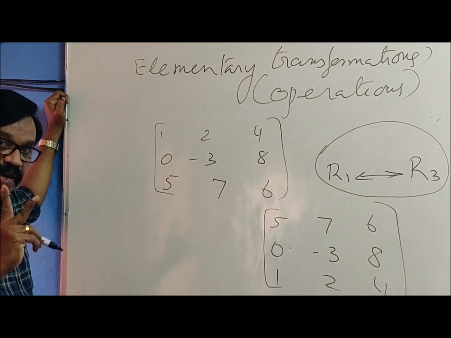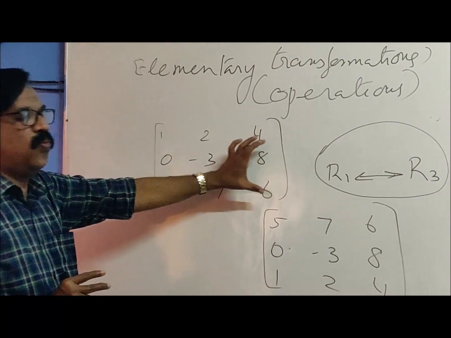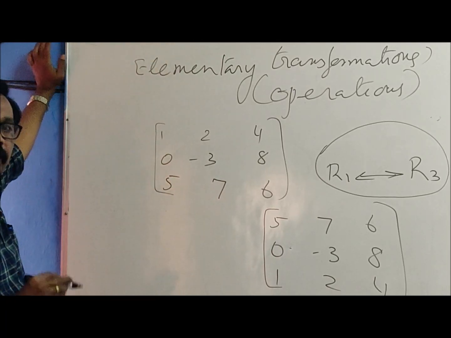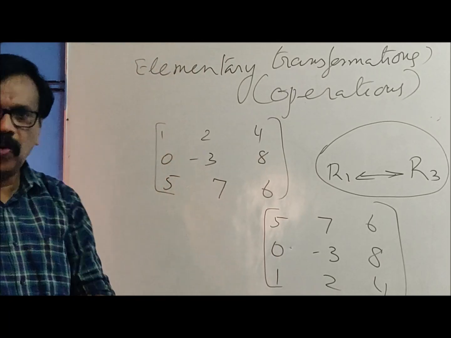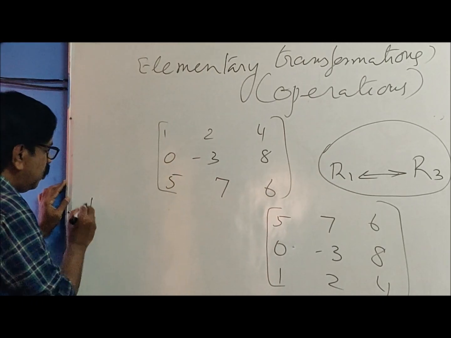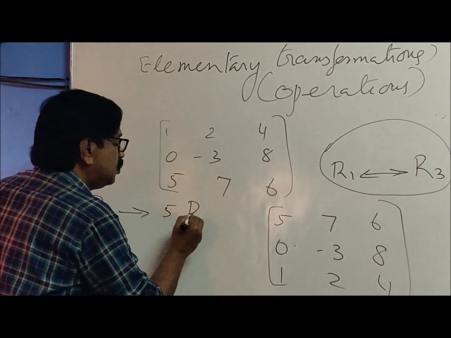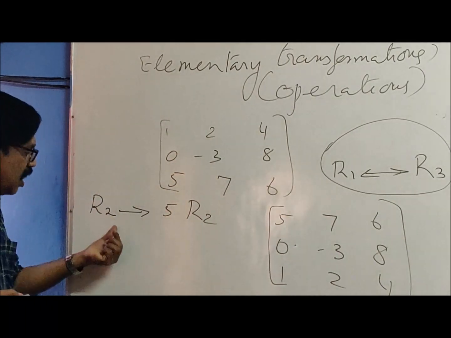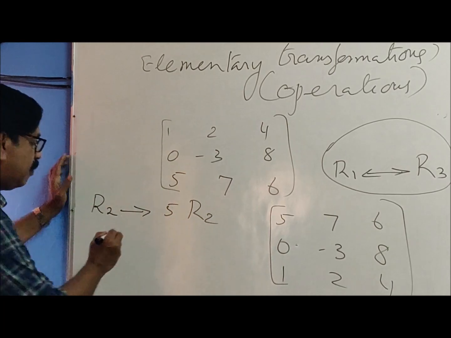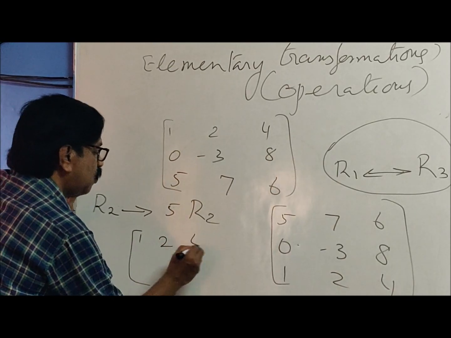What was the second one? The multiplication of any row by a non-zero number. Suppose R2 is replaced by 5R2. The first row has no change: 1, 2, 4.